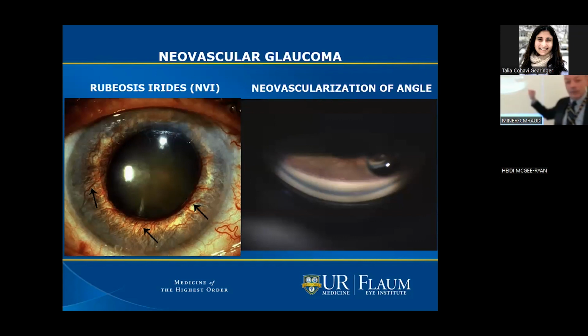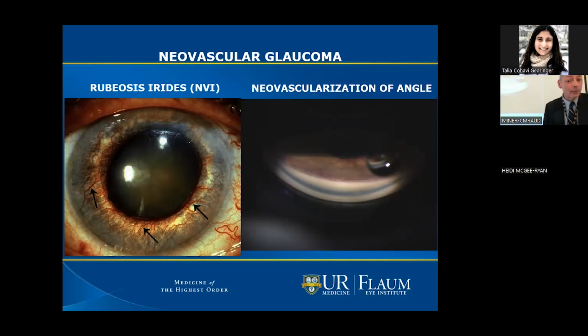Sadly, this right-hand side of the slide doesn't project very well, but suffice it to say, these vessels will travel along and make their way all the way to the angle, and then they'll fill the angle, which is where the drainage is, and they'll physically block it off. And so that's neovascular glaucoma as a consequence of diabetic disease.